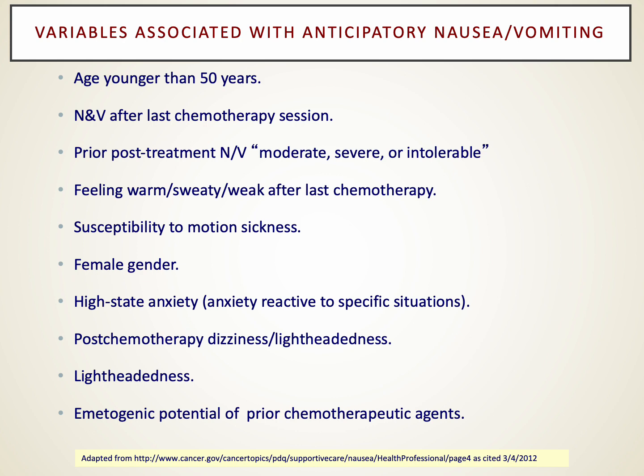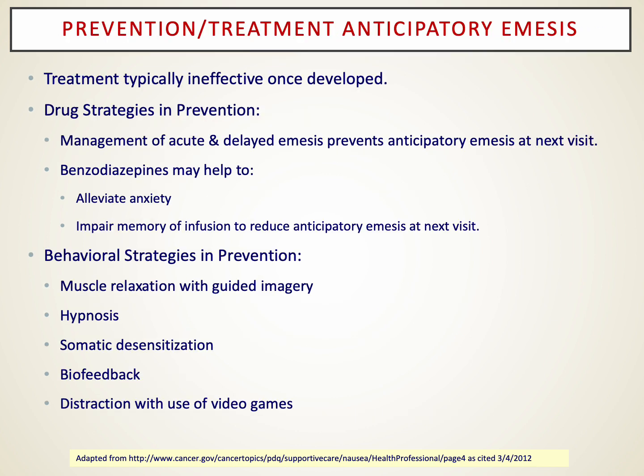The way we prevent that anticipatory vomiting, the best thing you can do, is first manage each and every course of chemotherapy so they don't have emesis in the first place, don't have nausea and vomiting. Manage that, and a lot of prevention is going to happen. The other thing that we typically will do is to look at benzodiazepines like lorazepam. They do a couple of good things, both for anticipatory vomiting and acute and delayed vomiting.